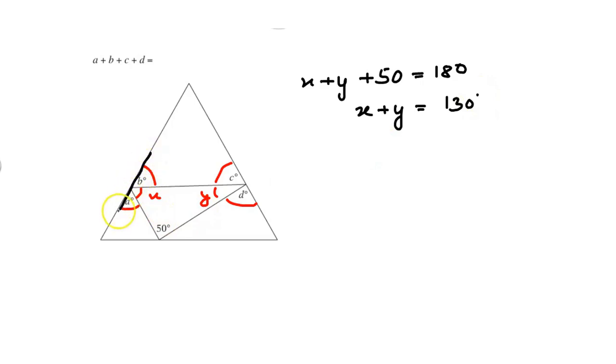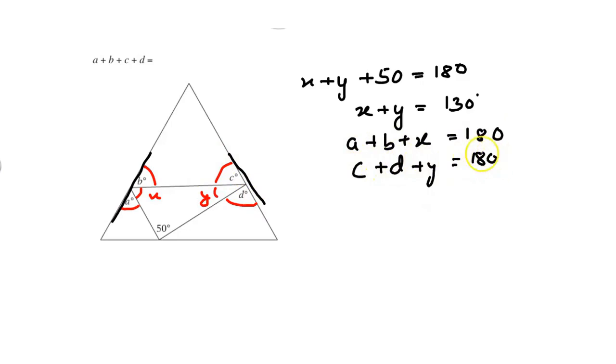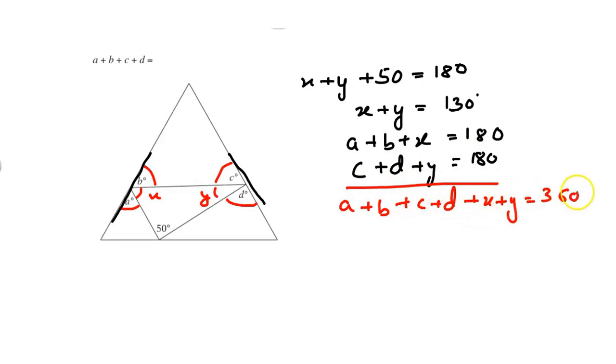Now this is a straight line. So A plus B plus X equals 180. This is also a straight line. So C plus D plus Y equals 180. Let's add these two together. So we'll get A plus B plus C plus D plus X plus Y equals 360 degrees.